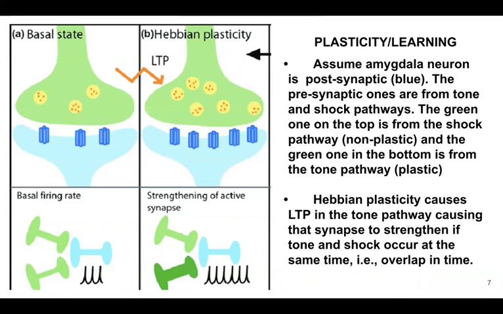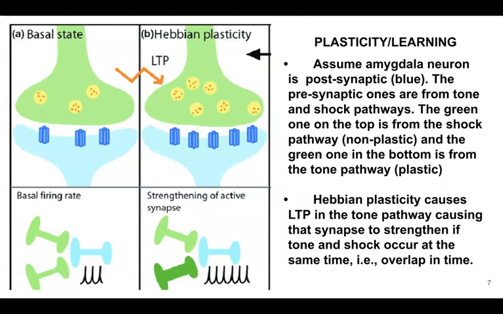Now, plasticity or long-term potentiation requires calcium influx into the postsynaptic neuron, which can happen only if the NMDA channels on the postsynaptic side are open. This can happen only if both the presynaptic neuron, which is the tone thalamic neuron, fires, and the postsynaptic neuron, which is the amygdala neuron, fires.